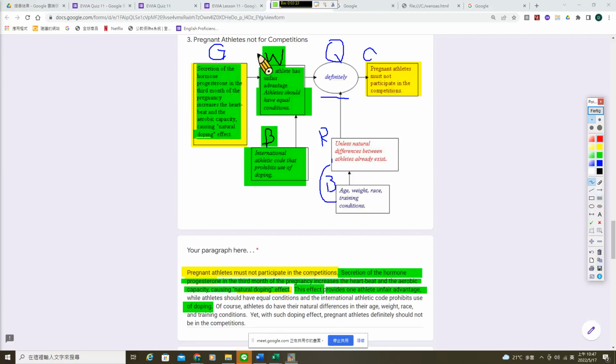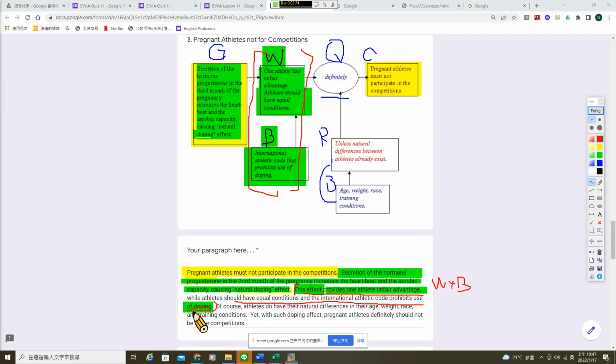So all of these elements are included in this passage. So basically, this provides warrant plus backing.